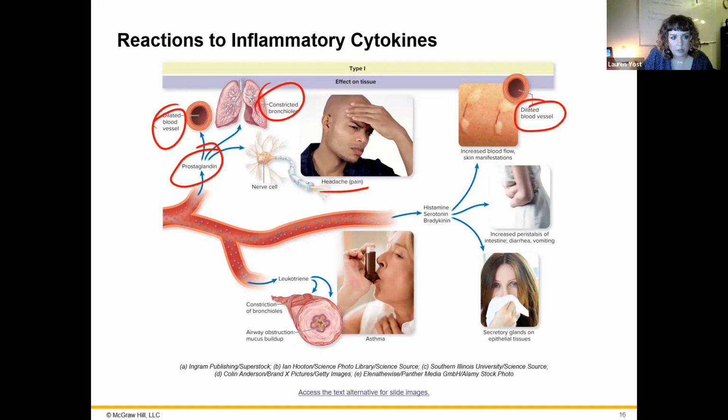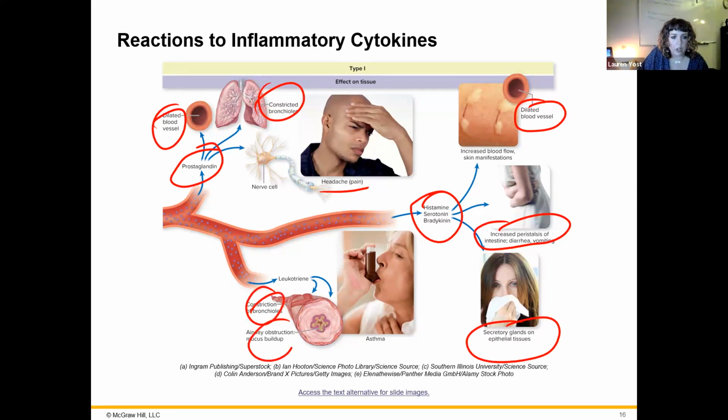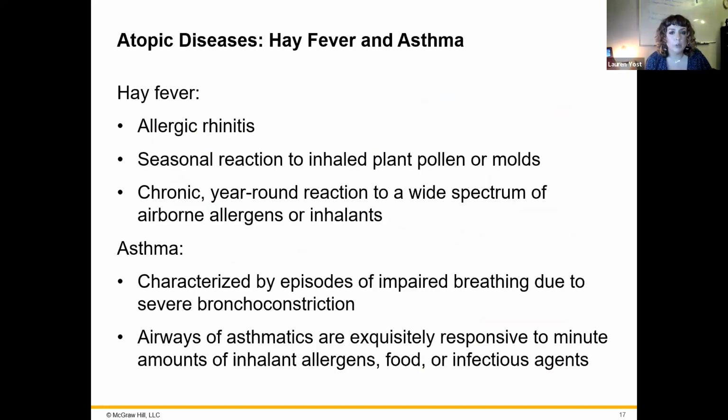We have dilated blood vessels over here as well, due to the histamine, serotonin, and bradykinin, we have diarrhea and intestinal response, and then secretory glands, mucus production. And we'll have constriction of bronchioles and mucus buildup in the airways due to the leukotriene production. So all those chemicals, that's the effect that they're going to have during that type 1 response, due to a lot of the response by the mast cells.